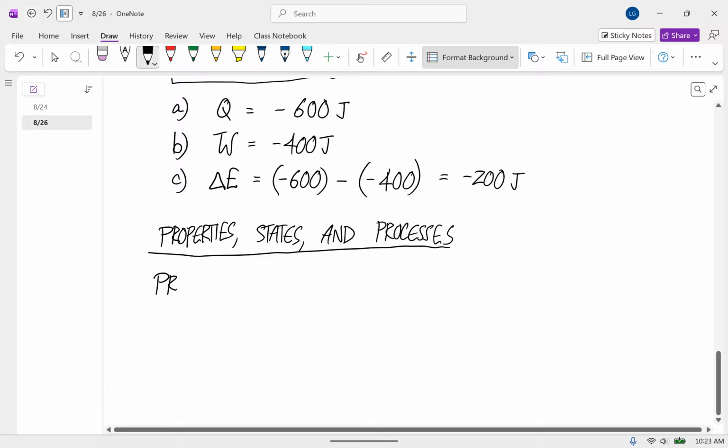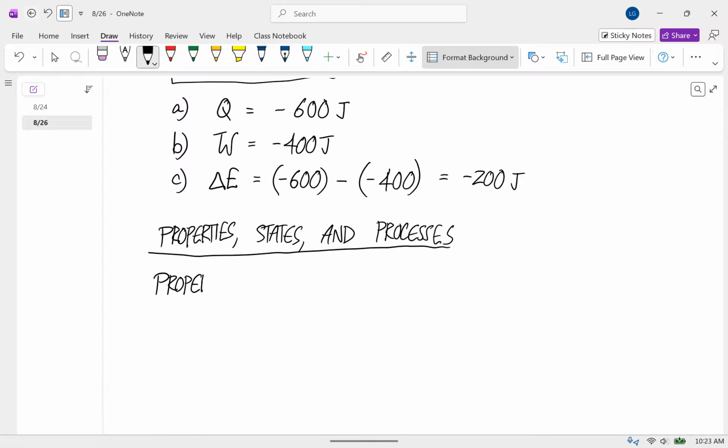A property is a single measurement that represents a system at an instant.